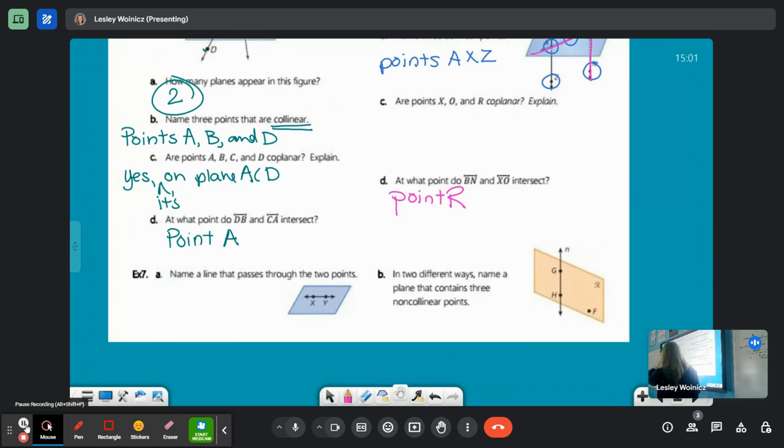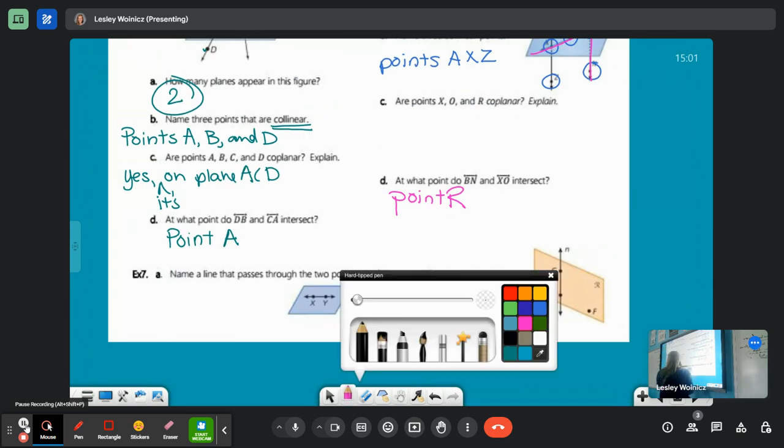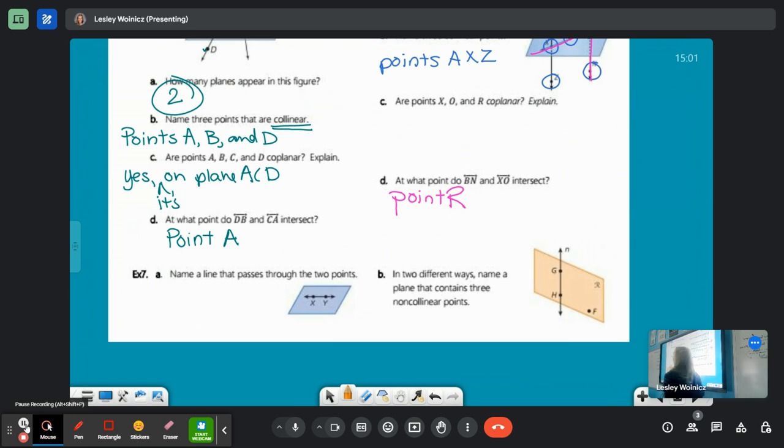Try number 7 really fast. Number 7 is easy compared to the other ones. Really quick, just on your own. Okay, for part A, which line goes through those 2 points? Yep. So how many different ways did we say there were to write it?